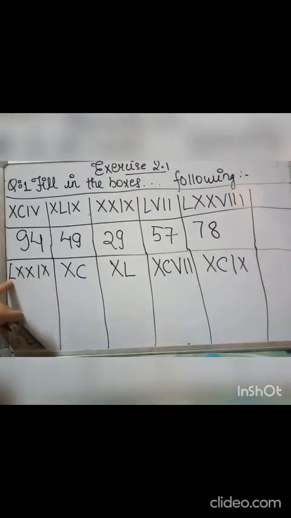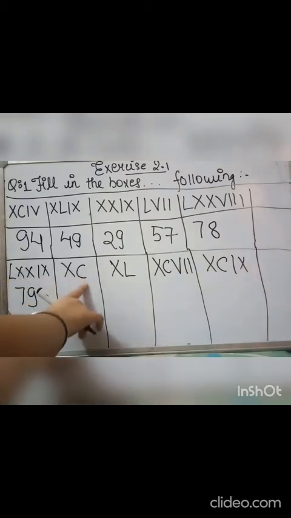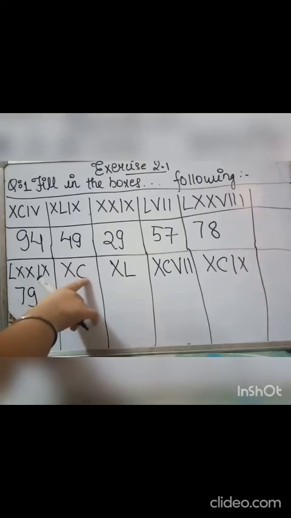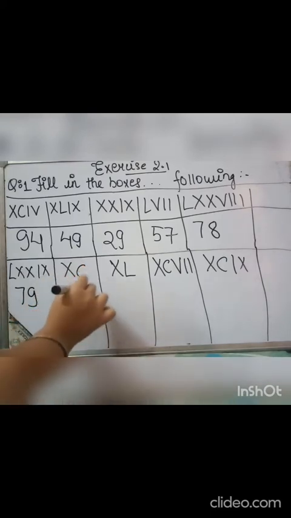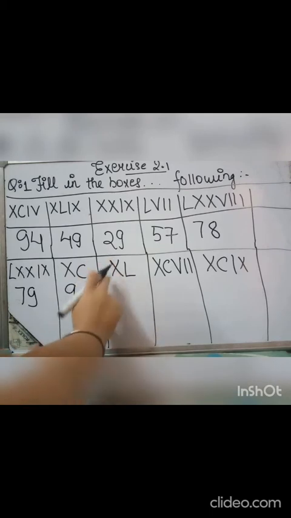LXXIX. L is 50, 60, 70. IX is 9. 79. XC means X subtracted from C, 10 subtracted from 100, which is 90. XL, when X is written at the left side means we have to subtract it.